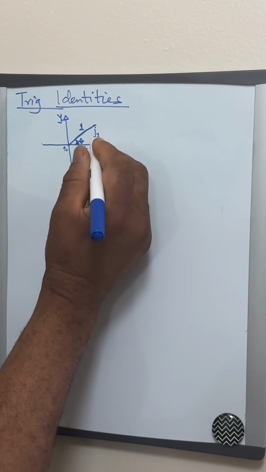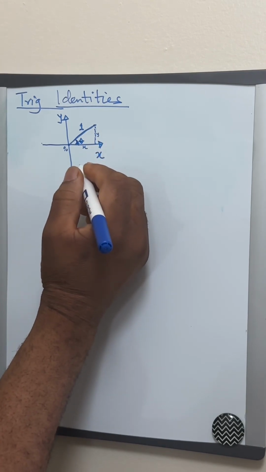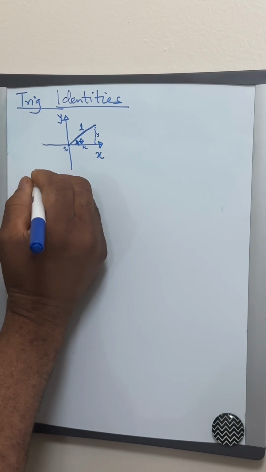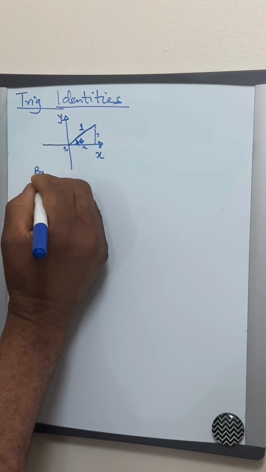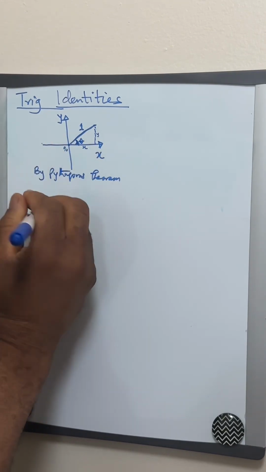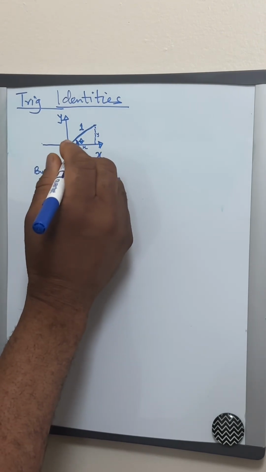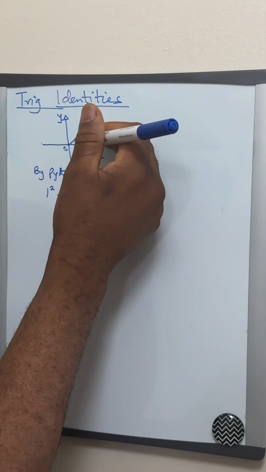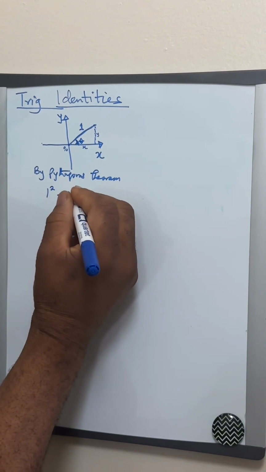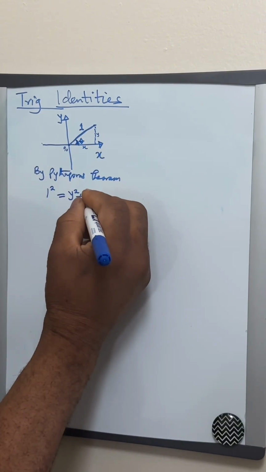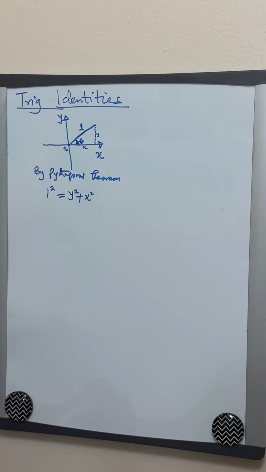If we have a unit length of 1 unit with an angle theta, and this is the x-axis and this is the y-axis, then we can simply say from the diagram, by Pythagoras, that the hypotenuse squared, which is 1 squared, is equal to y squared, the opposite side squared, plus the adjacent side squared, which is x squared.